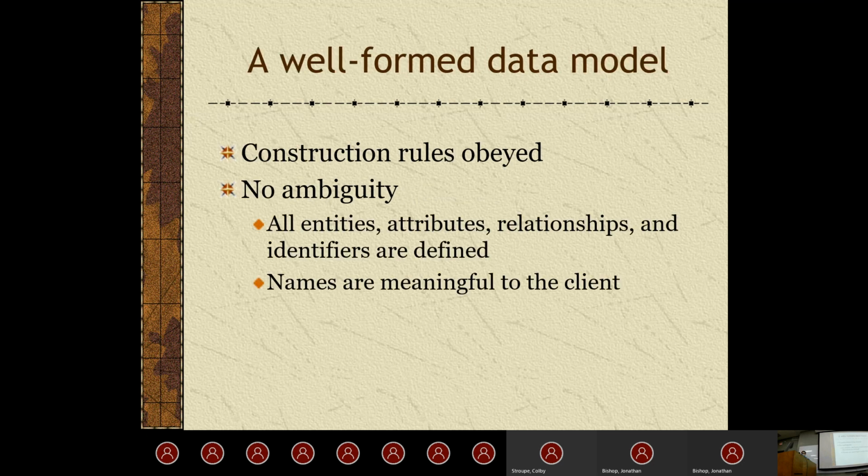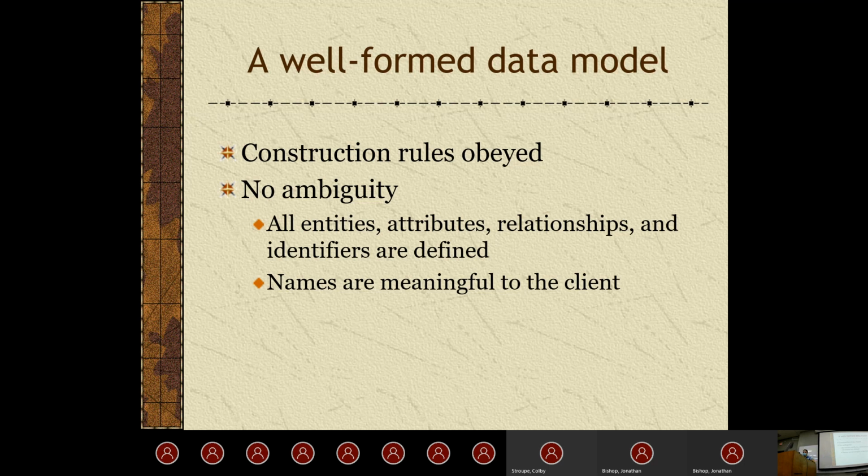So when we're talking about a well-formed data model, we're saying that all the business rules are followed. So if the business rule says that students take one and only one course, we have them take one and only one course. We also make sure that there's no amount of ambiguity. So if we had ambiguity, it'd be things like having some sort of an attribute that means nothing.